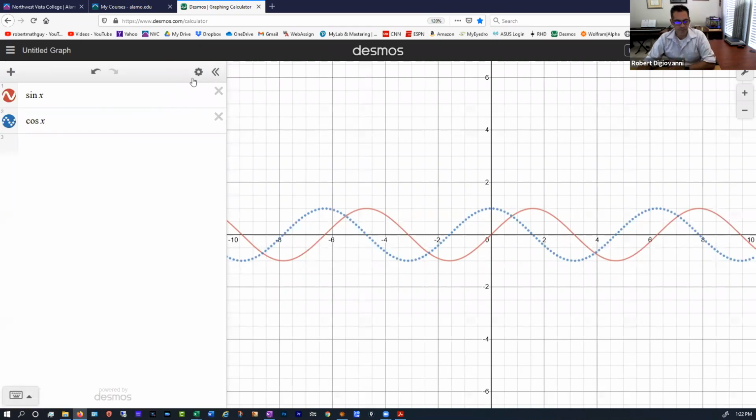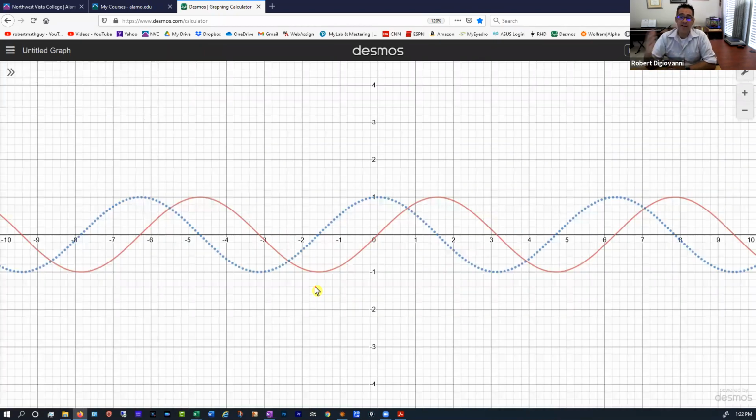So the red is the sine function, and the blue is its derivative, which is cosine. Let's try and convince ourselves that this is true. I'm going to try and convince you visually that when you take the derivative of sine, you get cosine.